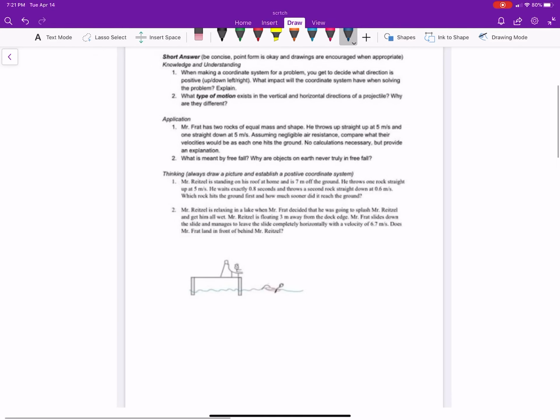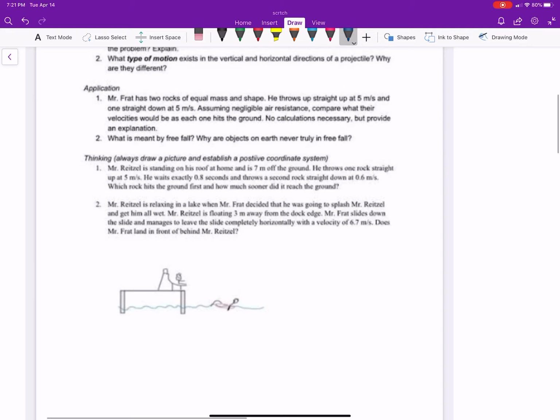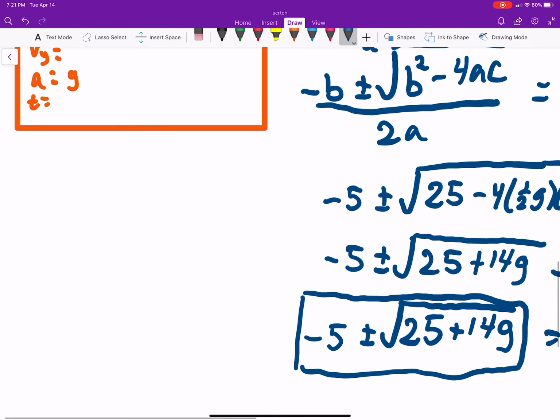Rock 2 is a little different. He waits 0.8 seconds and throws the rock straight down at 0.6 meters per second. So we're going to do something pretty similar.